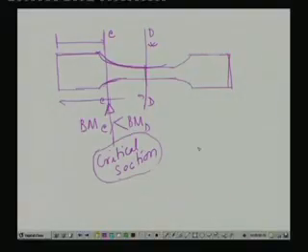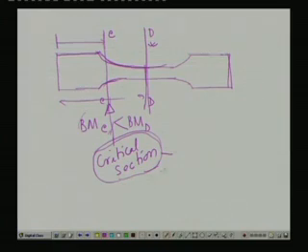However, one should also look for other sections which could be critical, such as section D as I have shown in the slide. But for the time being, let us assume this to be the critical section, and we consider the design based on the values of the bending moment at this section. So, I hope that you understand the logic behind putting the critical section at location C.